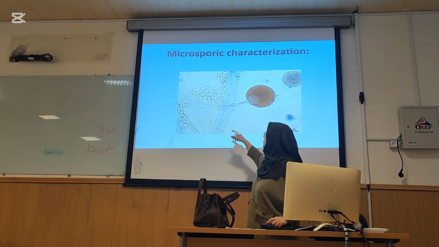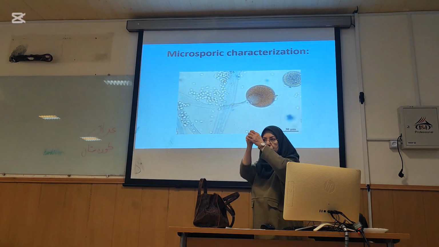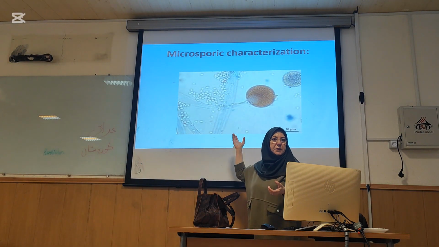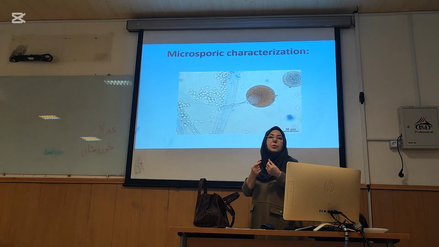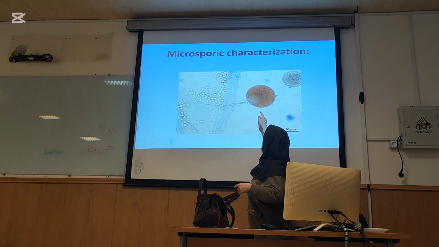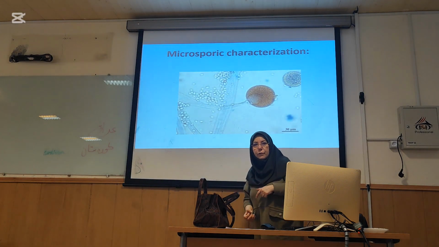As you see in this picture, you just see a sporangium, sporangiospores, and a sporangiophore. Do you see any rhizoid in this picture? Rhizoids are similar to roots in plants. You can see just a sporangium, sporangiospores, and a sporangiophore.